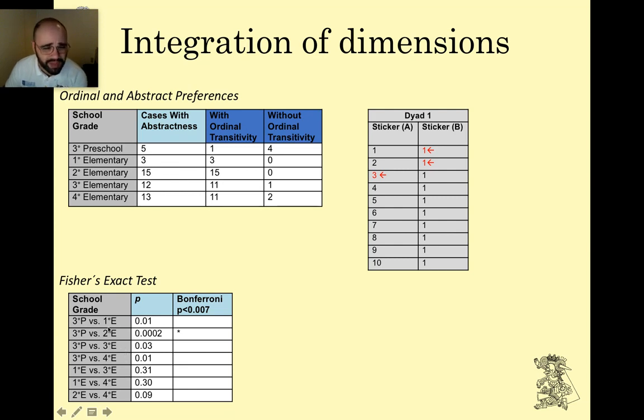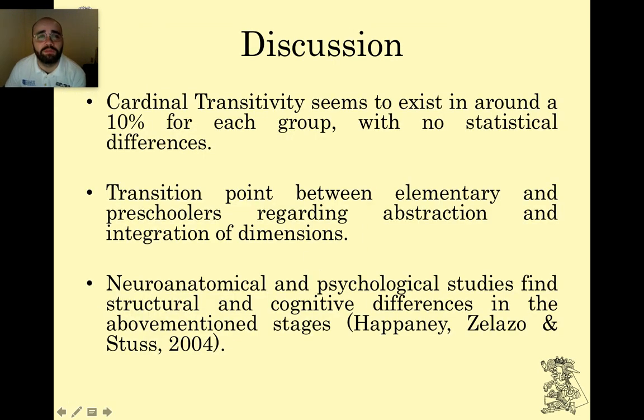So here, we only find statistical differences between preschoolers and second elementary graders. While if we compare preschool with the other grades, it almost reaches significance, but not for the Bonferroni requirement. So qualitatively, we could say that there are differences, but not quantitatively.